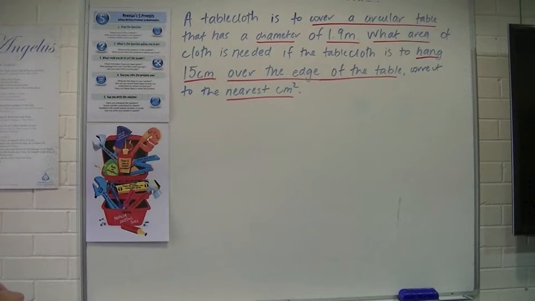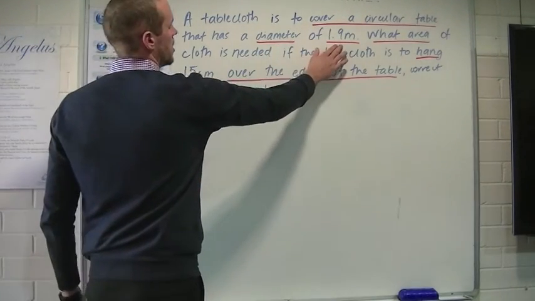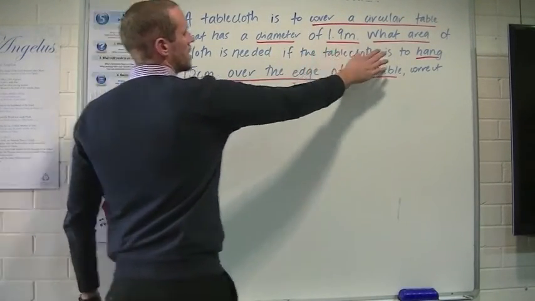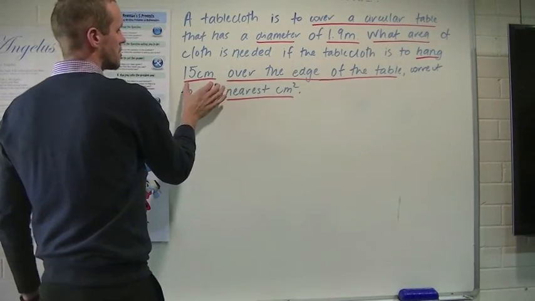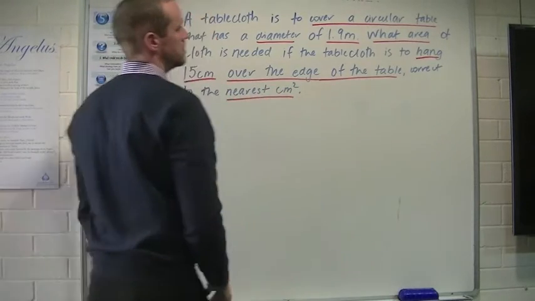So what could you do to get the answer? What information have we been given? We've been given the diameter of 1.9 metres. We know that we need to find area. And we have this extra 15 centimetres over the edge of the table.